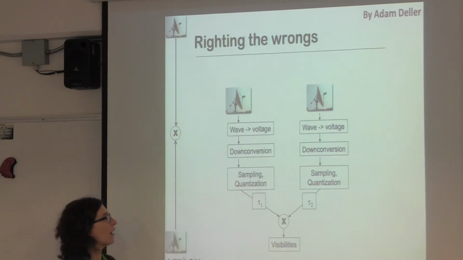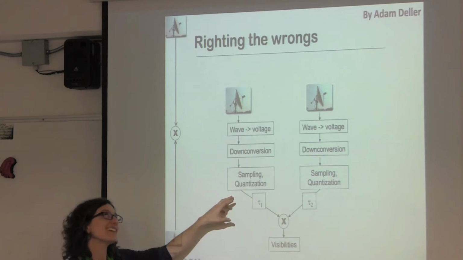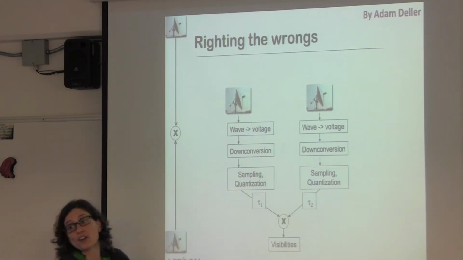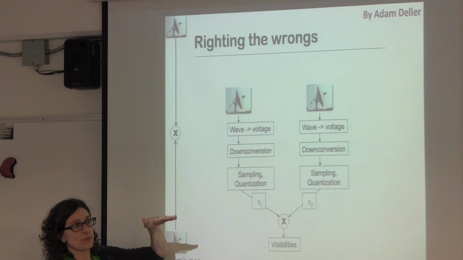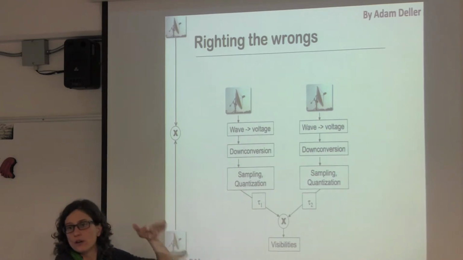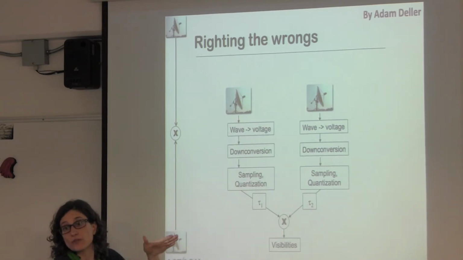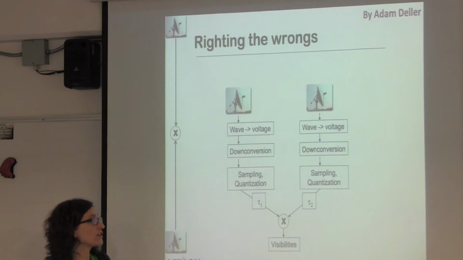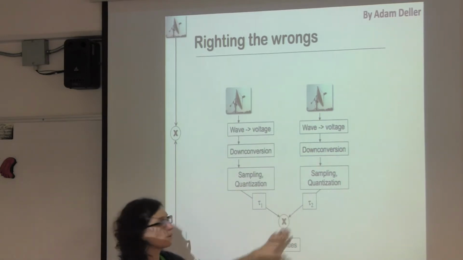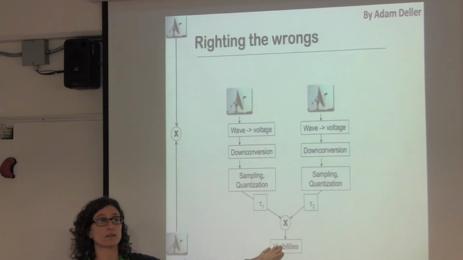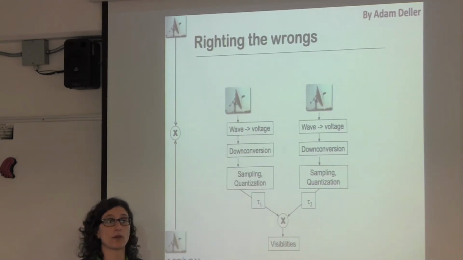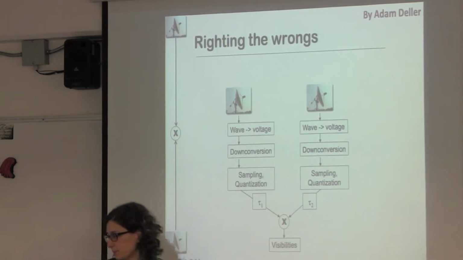They are quantized, so we can only make measurements in 8-bit mode, or we just have to put it in a bit mode for the computer to make the calculations. So then we do the cross correlation, and then we get the visibilities. This is what we will be working with, visibilities.